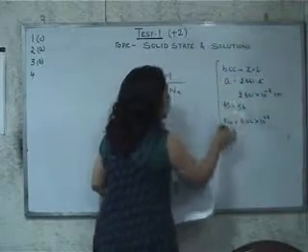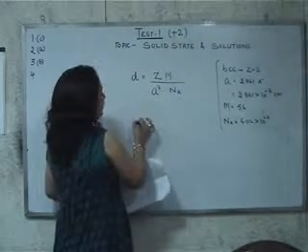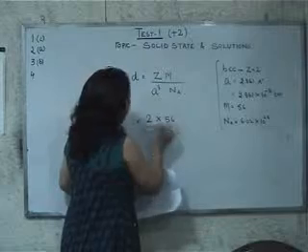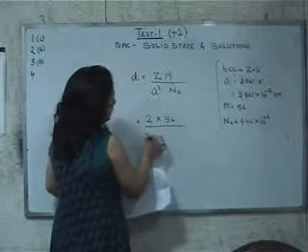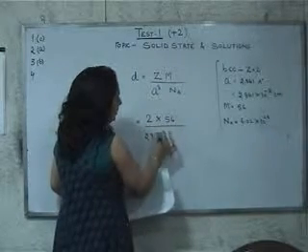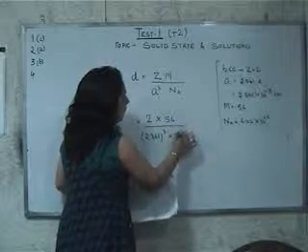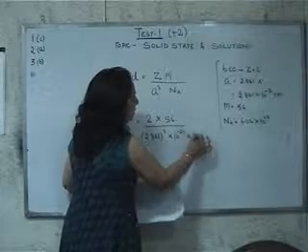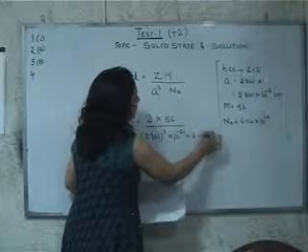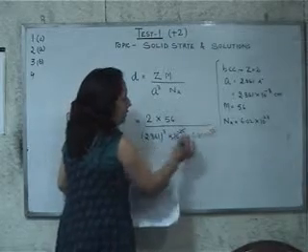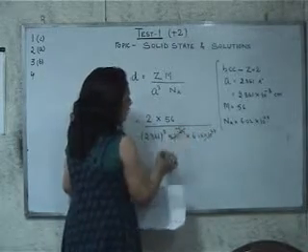Now putting the values of all these factors, Z is 2, M is 56, A is 2.861 whole cube into 10^-24, 6.02 × 10^23. 24, 23 cancelled out, we are left with just minus 1 power.